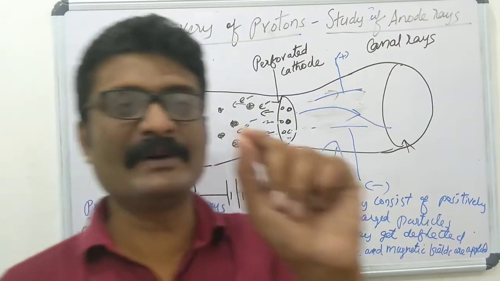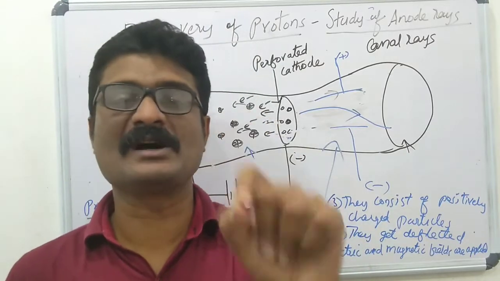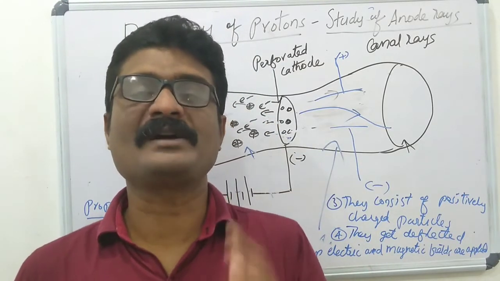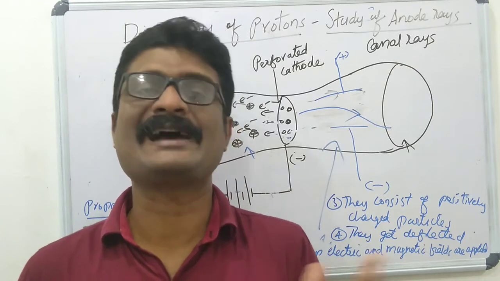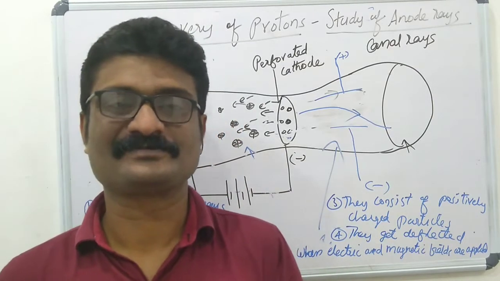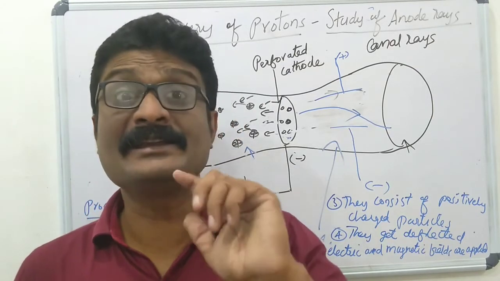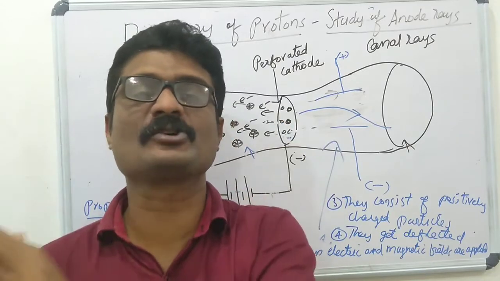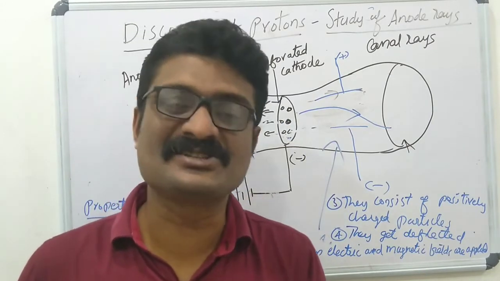That means the e/m ratio, the charge to mass ratio of particles of cathode rays, is independent of the nature of gas taken in the discharge tube.